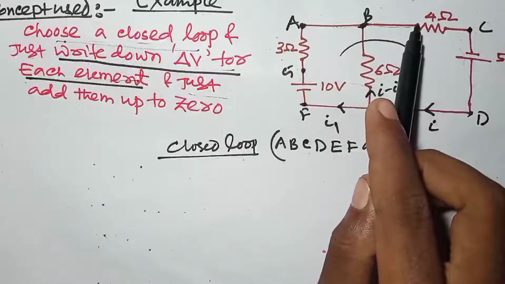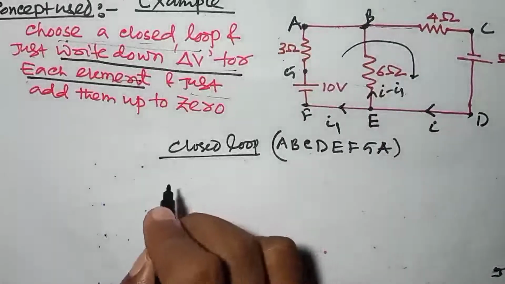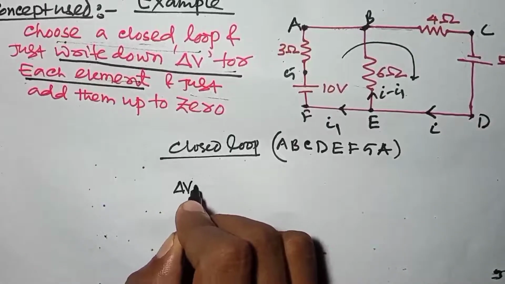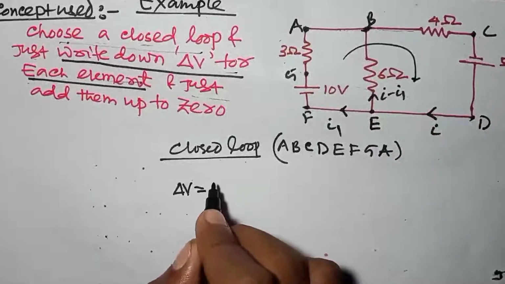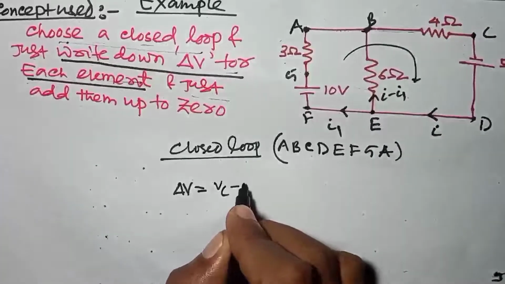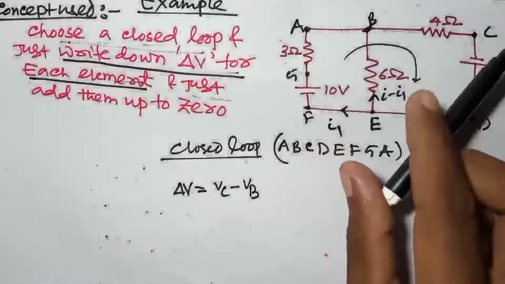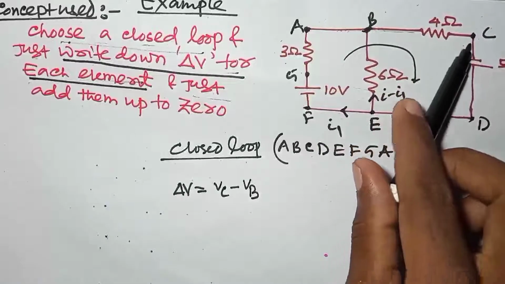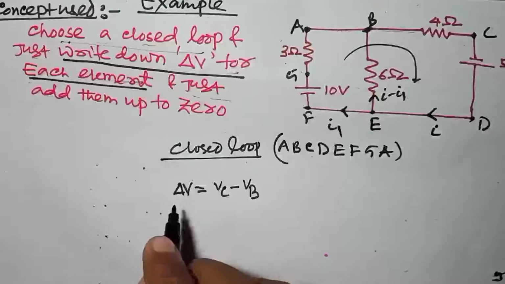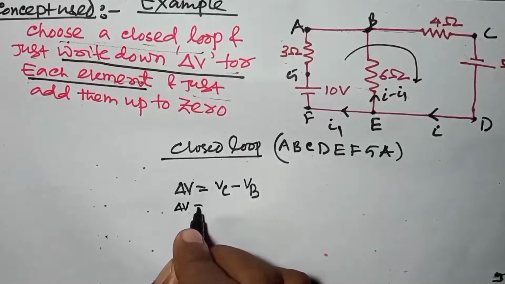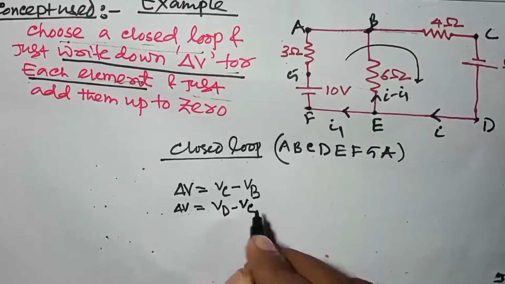While going from this side to this side, what will the del V be? Since I am going in this direction, my del V will be Vc minus Vb. Then I get a battery, and going from this to this, my del V for the battery will be Vd minus Vc.